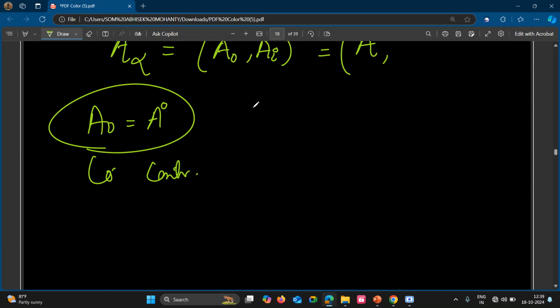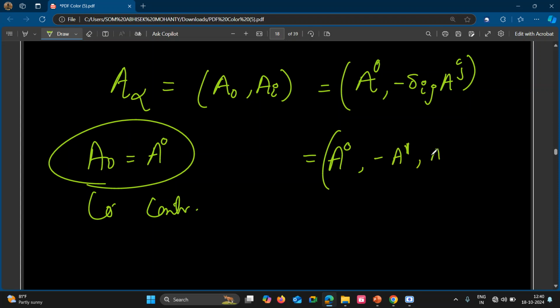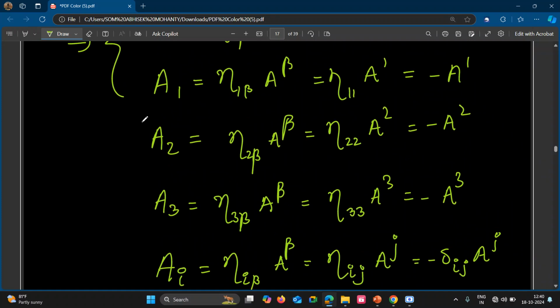So it is A naught and minus delta ij Aj, as we did, like A naught, minus A1, minus A2, minus A3, right? So this whole thing can be written as A vector. I can write minus A vector, correct? Like X vector we used to write. So this is your A vector. These are the components of a vector.